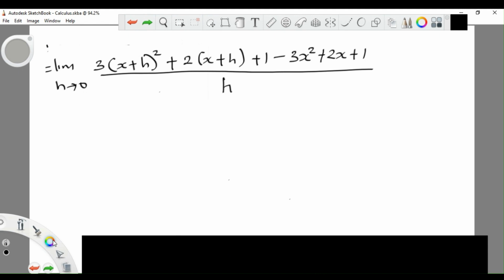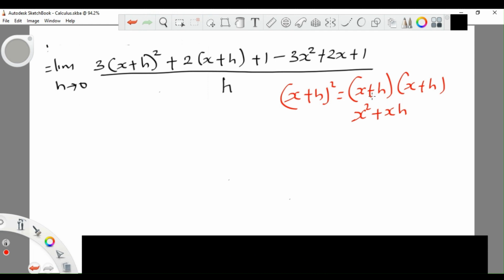We learned in our last video to expand x plus h squared. What we do is, x plus h squared is equal to x plus h times x plus h. So x times x is x squared, x times h is plus xh, plus h times x is plus xh, plus h times plus h is plus h squared.